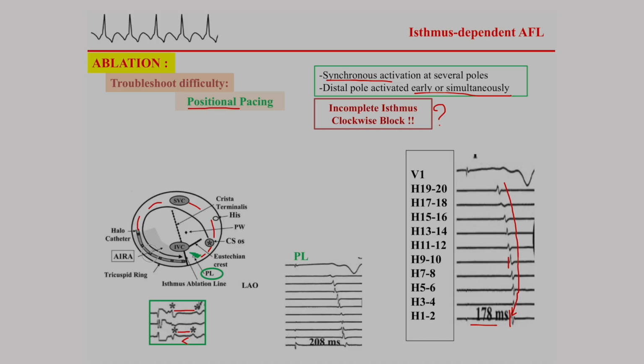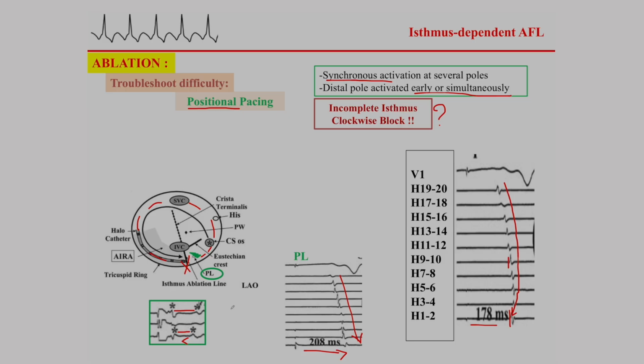And as you see, the response is a purely descending activation. So we just modify the atrial activation that we have here. Does it mean that we are not capturing at the tip of the catheter here? So it means that we have a real block in the clockwise direction in this isthmus.